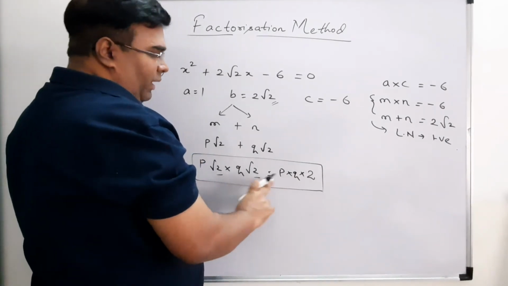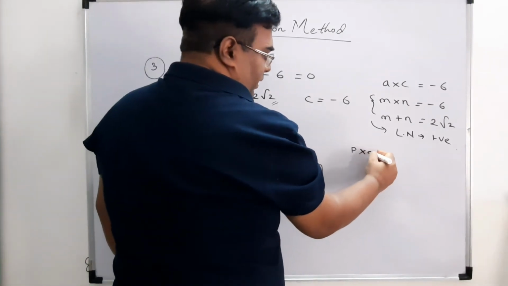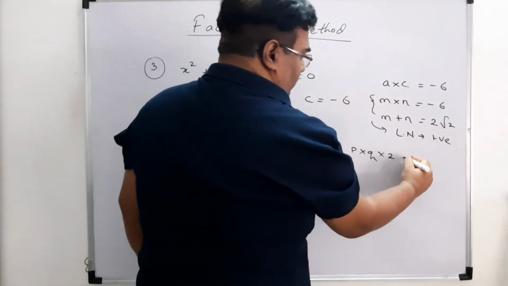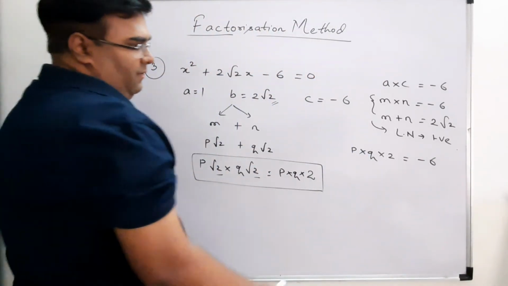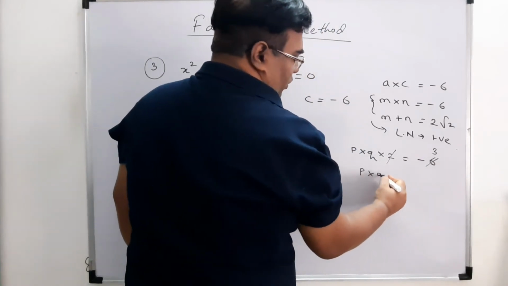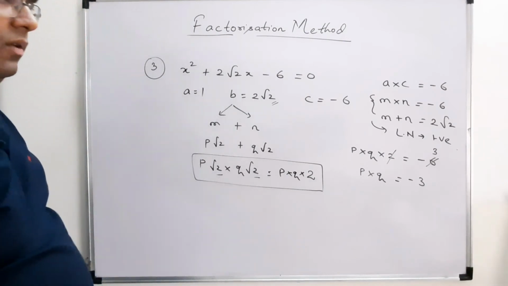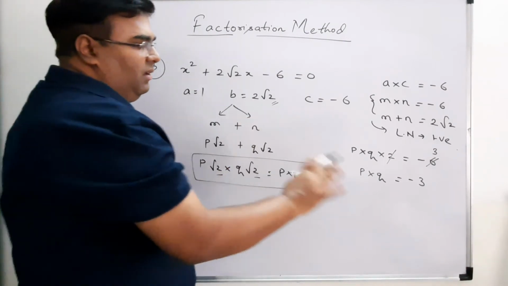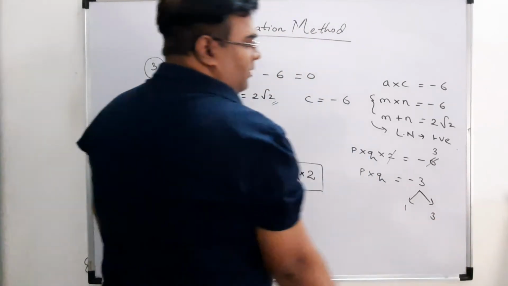So this m into n will give you minus 6, or you can write p into q multiplied by 2 will give you minus 6. From here p into q will be what? Minus 3.